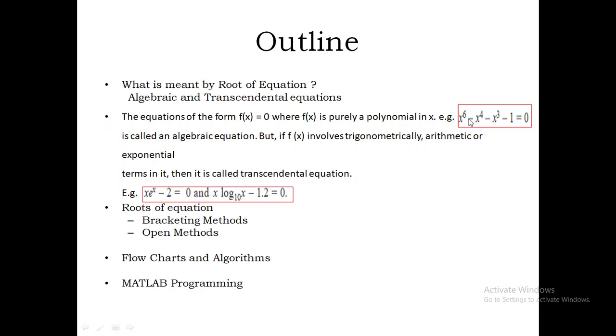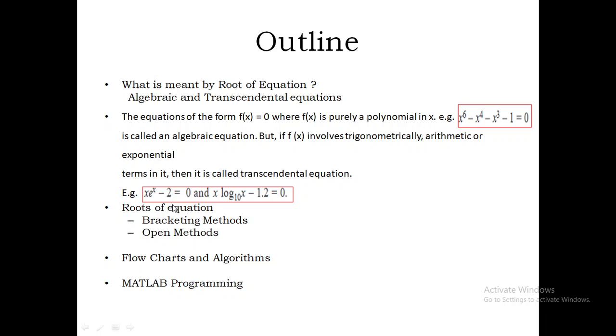But other than that, if f(x) involves trigonometric, logarithmic or exponential functions, an equation containing trigonometric, logarithmic and exponential functions is called a transcendental equation.